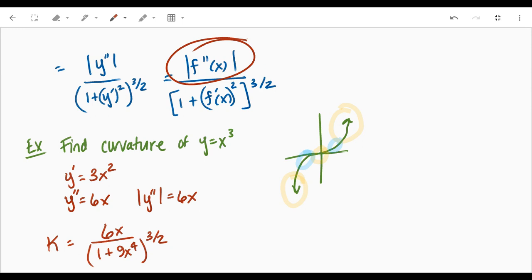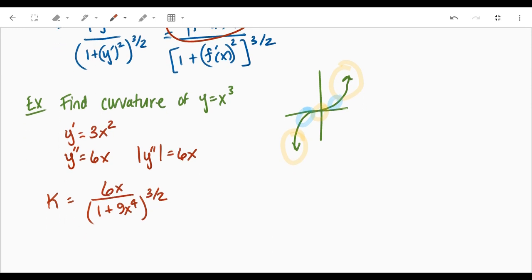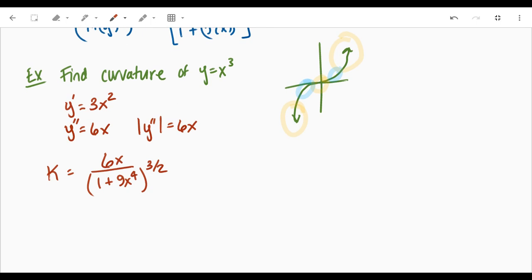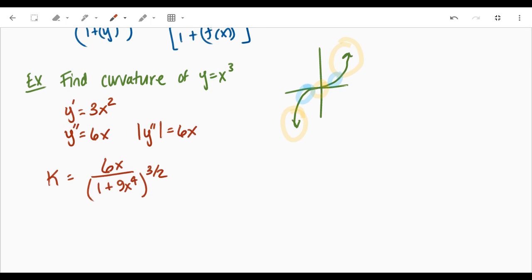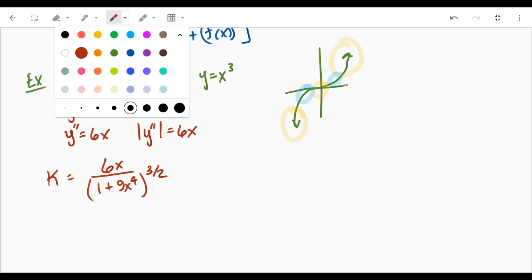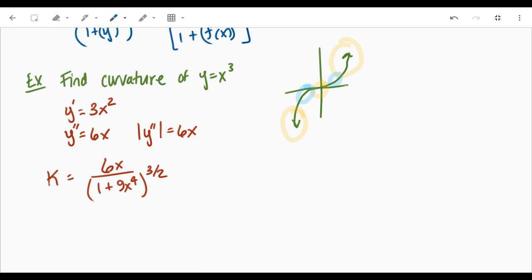All right, we can see a couple things here without having to look too much at that equation or having to graph it. If x equals 0, the curvature is 0. So that spot right there, and that should make sense. You're switching curvature from what you're doing in the third quadrant to what you're doing in the first quadrant.